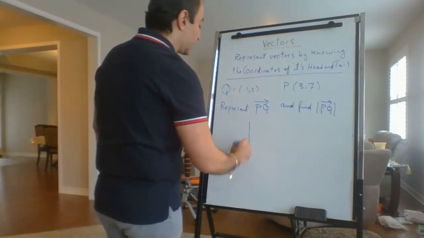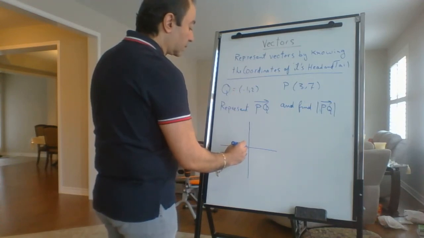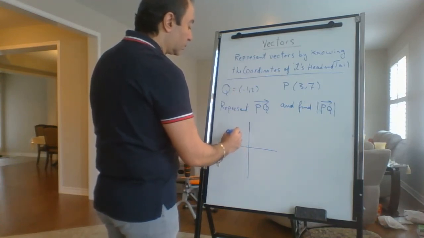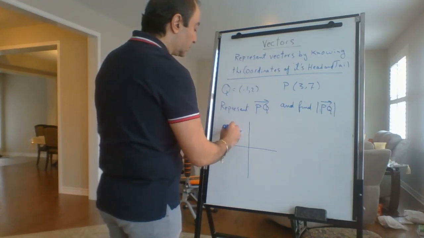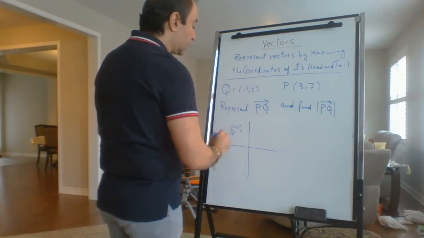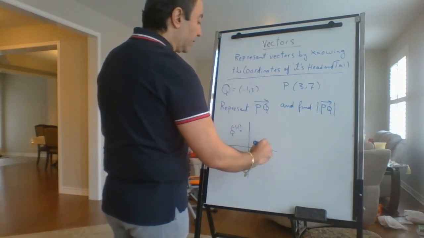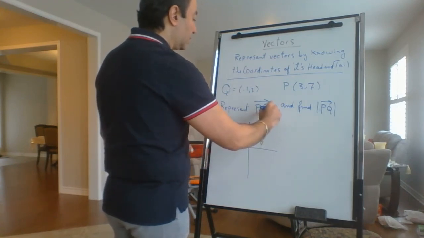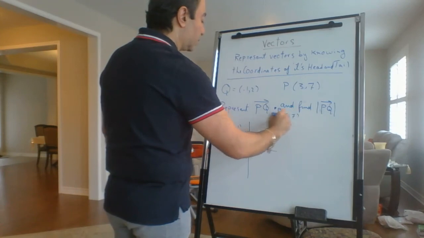Alright, this is my coordinate system. I will plot the point -1 and 2. And this is Q. And I will plot the second point at 3 and 7. So probably up there. I plot the 2 points.